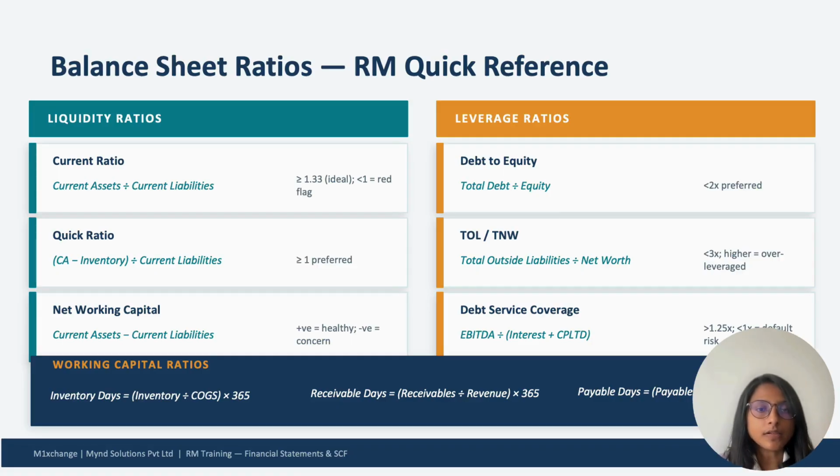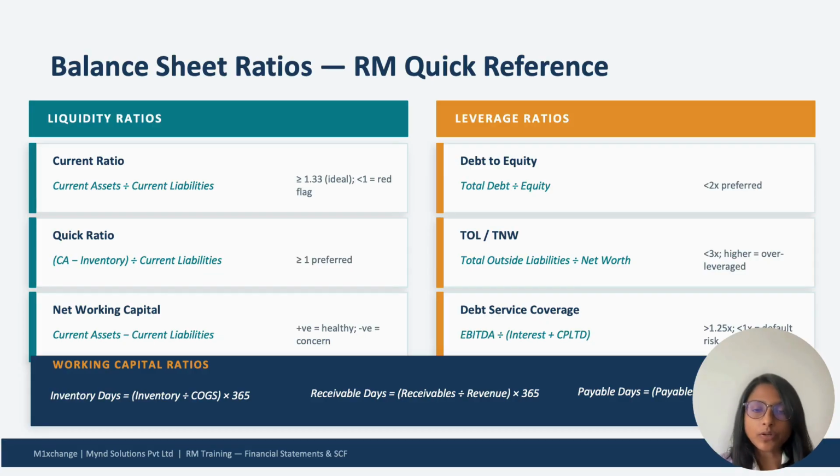So anything which is less than 2 is preferred, right? More than 2 is a bit risky, that is the debt is double that of the equity, right? Next is your TOL by TNW, which is your total outside liabilities divided by your net worth.